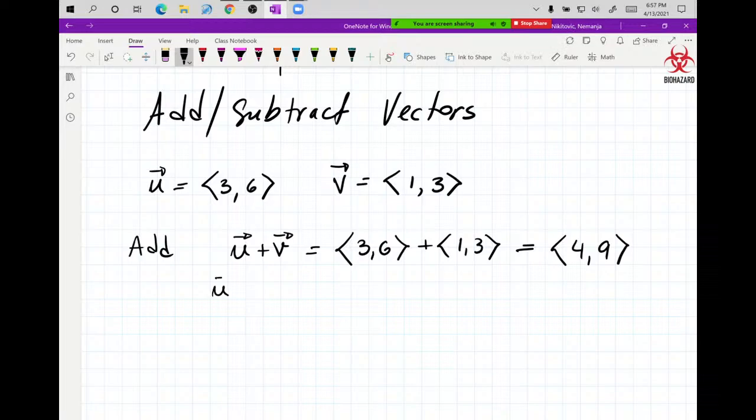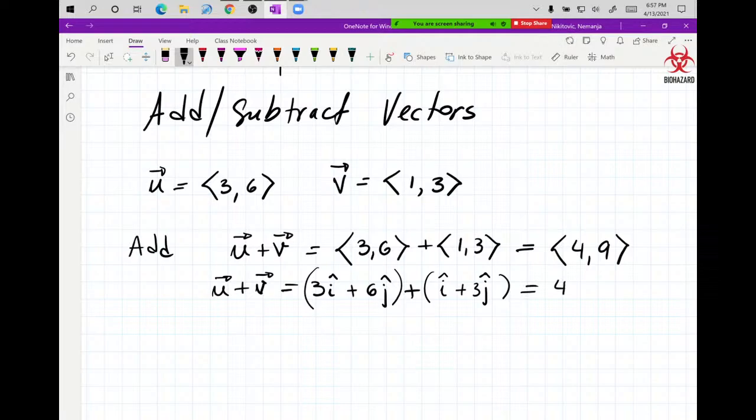You can also do this using the ij notation we just learned, where you can say 3i hat plus 6j hat, so that's my first vector, plus my second vector, which is just i hat plus 3j hat, and that's going to be 4i hat plus 9j hat, because 6j plus 3j is 9j.